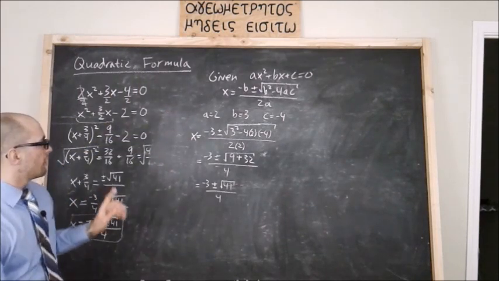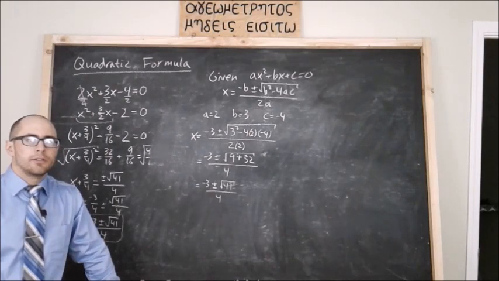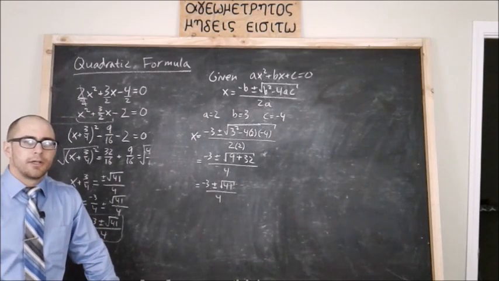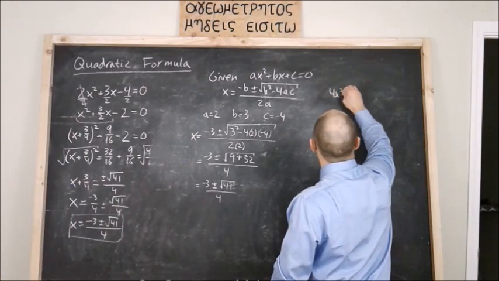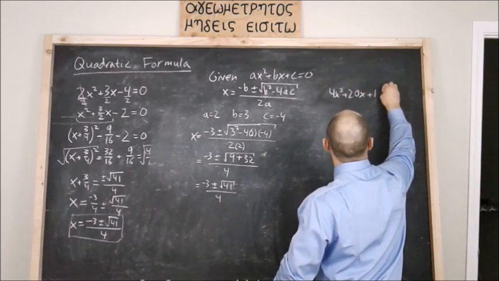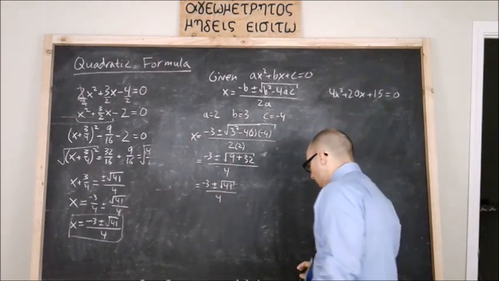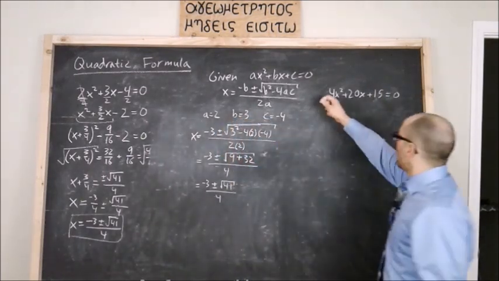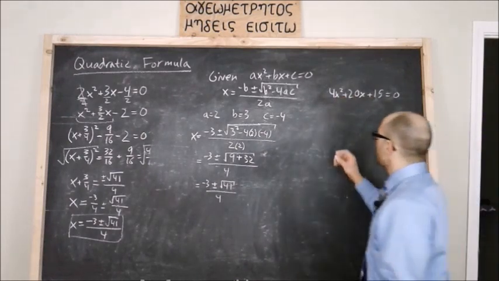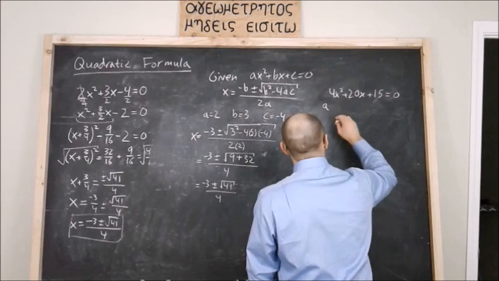So let's go through one more example using the quadratic formula, and then I'll turn you loose to try some on your own. 4x squared plus 20x plus 15 is equal to 0. Okay, so we've identified A, B, and C. I'll just write it out so we're clear.